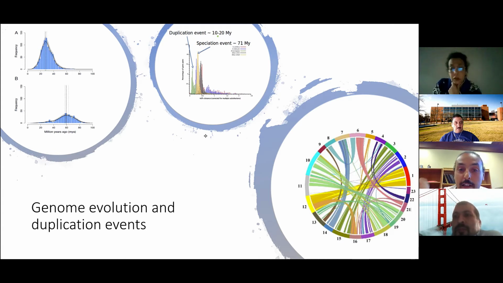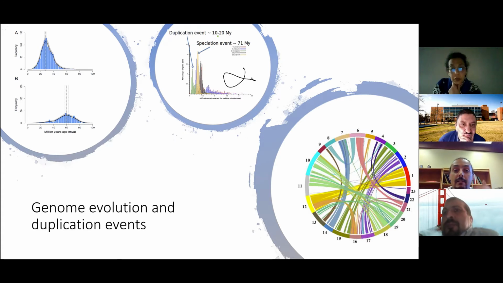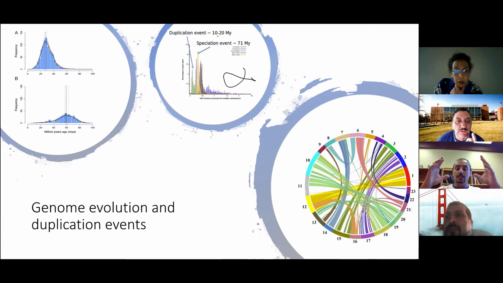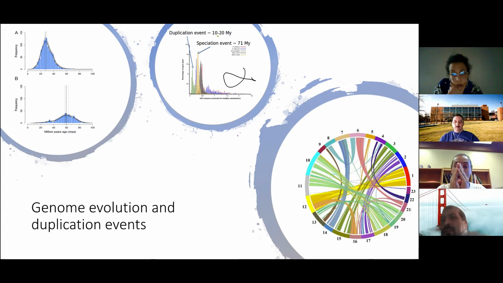If you look right here in the middle, this is telling you about the speciation event and duplication event, and this is very important. I'm going to explain what's going on. Sometimes you have two species, like right there. We are talking about sesame and olive. 71 million years ago, those two species were one species, and a speciation event happened and separated the two species, olive and sesame.